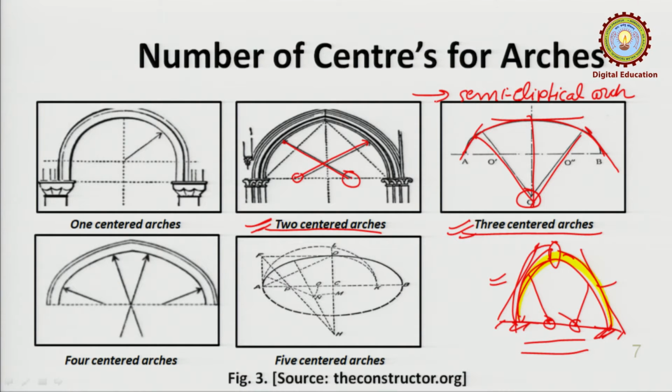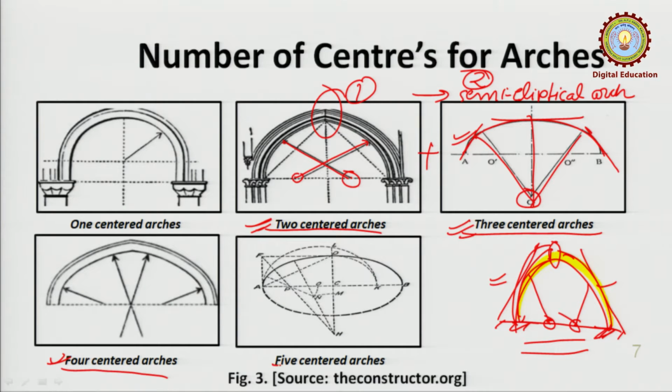Now we can see here the four centered arch. That means we have some ellipse and some pointer. When we combine these two arches, we can get a four centered arch.